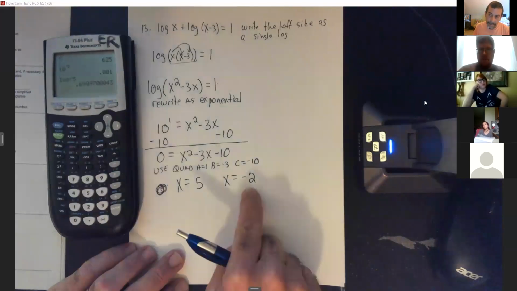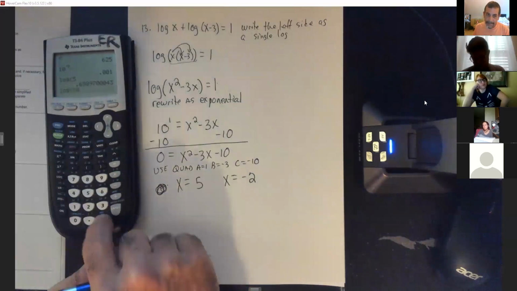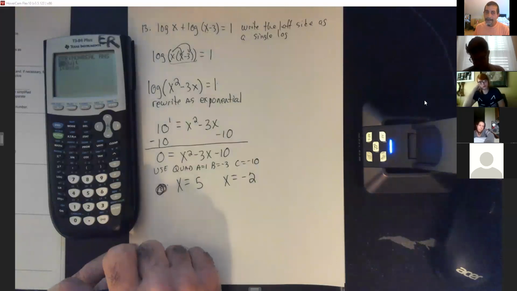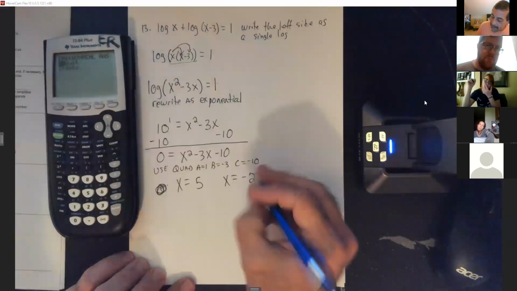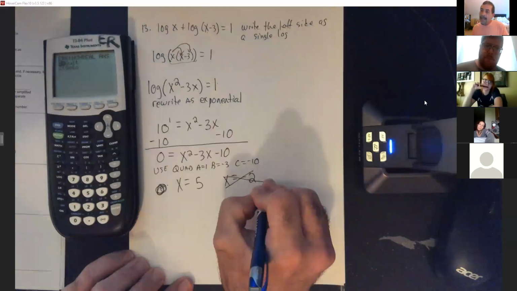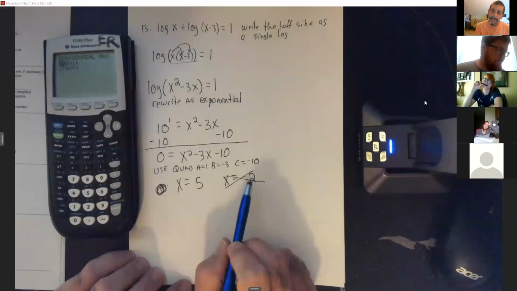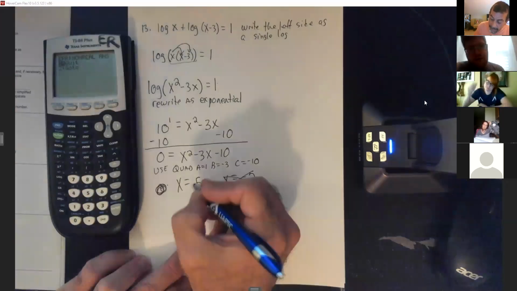If I take the log of -2, don't you remember what happened yesterday? That's the negative. We don't get a real answer, which means we cannot accept any answers where you take a log of a negative number, because it's not going to give us a real answer. So the only answer on this would be x equals 5.